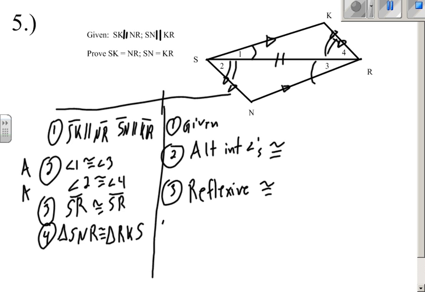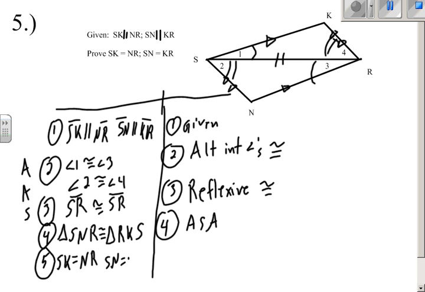Okay, and the reason here, angle, side, angle. So we have an angle, side, and an angle, with the side in between the two angles. And then step 5, once we have two congruent triangles, we say okay, SK is equal to NR, and SN is also equal to KR, both for the same reason, which is CPCTC.